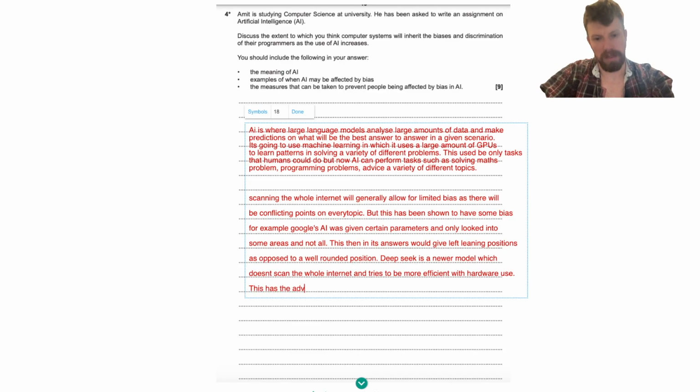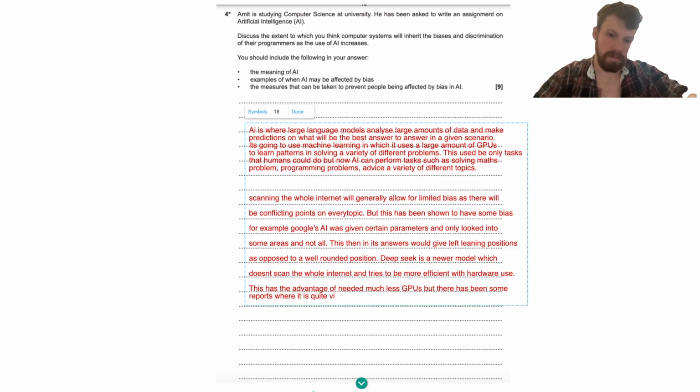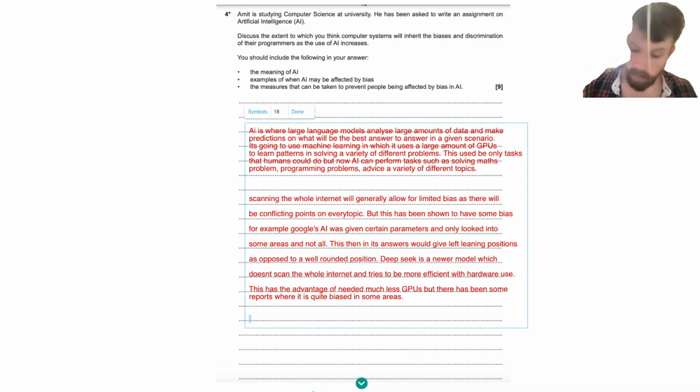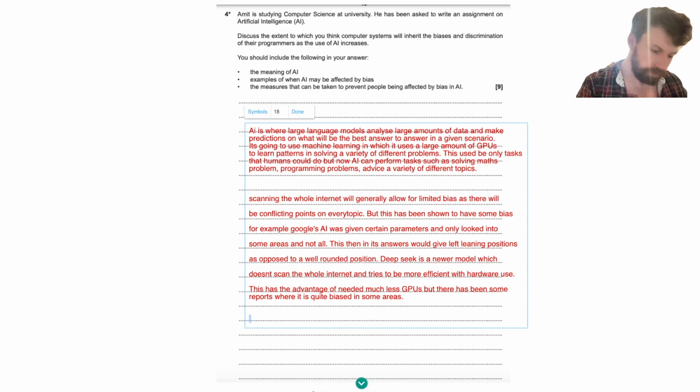This has the advantage of needing much fewer GPUs, but there have been some reports where it is quite biased in some areas. Again, this is an example that's been reported in the news. We're not making a judgment based on it. Simply all we're saying is this has been reported, so there have been some situations where this has happened.